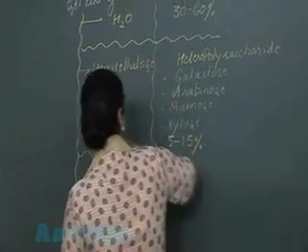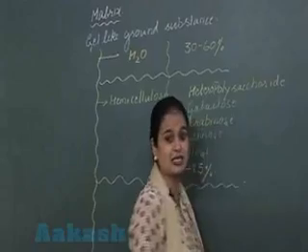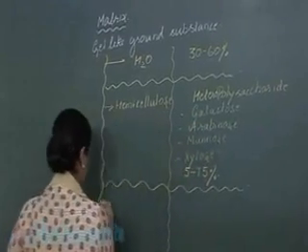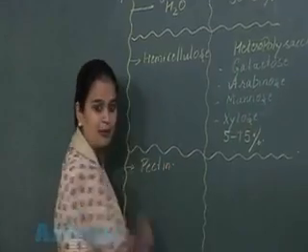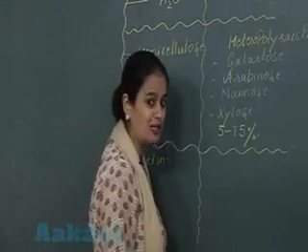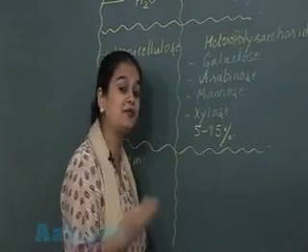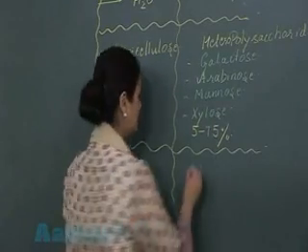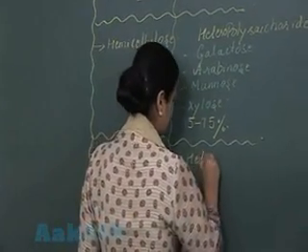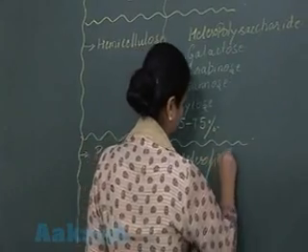Now after the hemicellulose, coming to the next component in the matrix, that is pectin. Pectin, again it is a polysaccharide which is made up of different monosaccharides, so it is a hetero one. Yes, so again it is heteropolysaccharide.